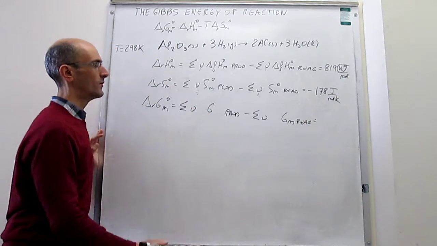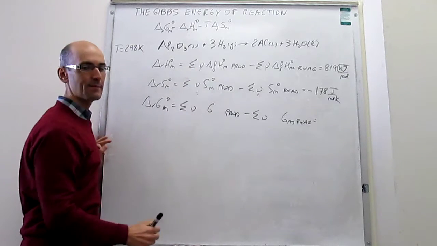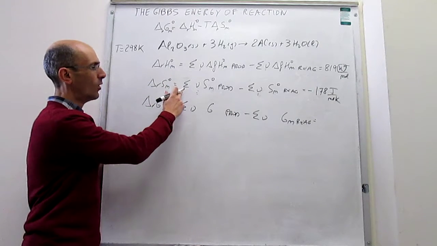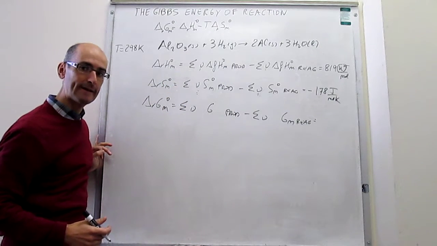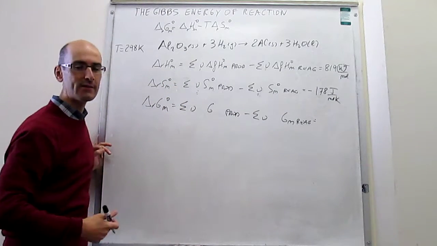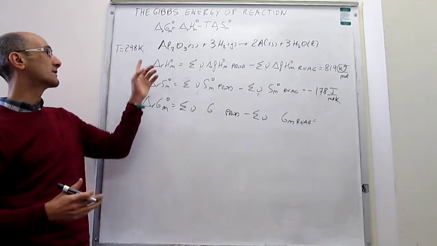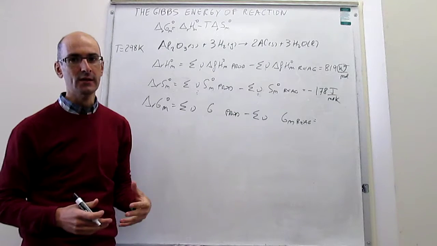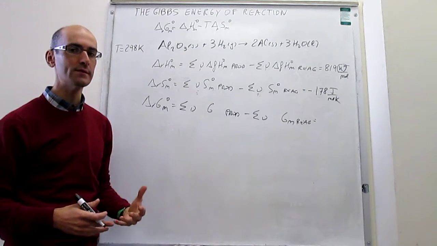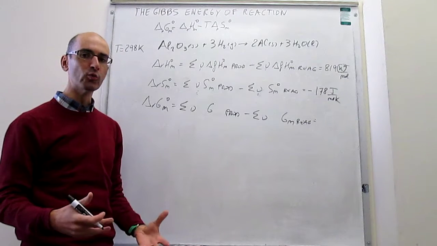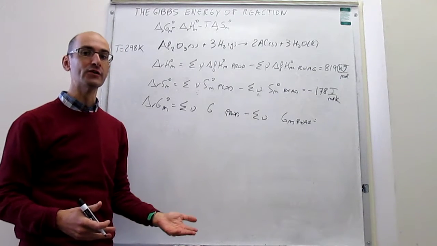The question is whether here we're going to have Gibbs energies of formation, as we have with enthalpy, or absolute Gibbs energies, as we have with entropy. The idea is that because Gibbs energy is an energy, and it's generally quite difficult to measure the total energy content of a substance, here we're going to be using the formation reference.